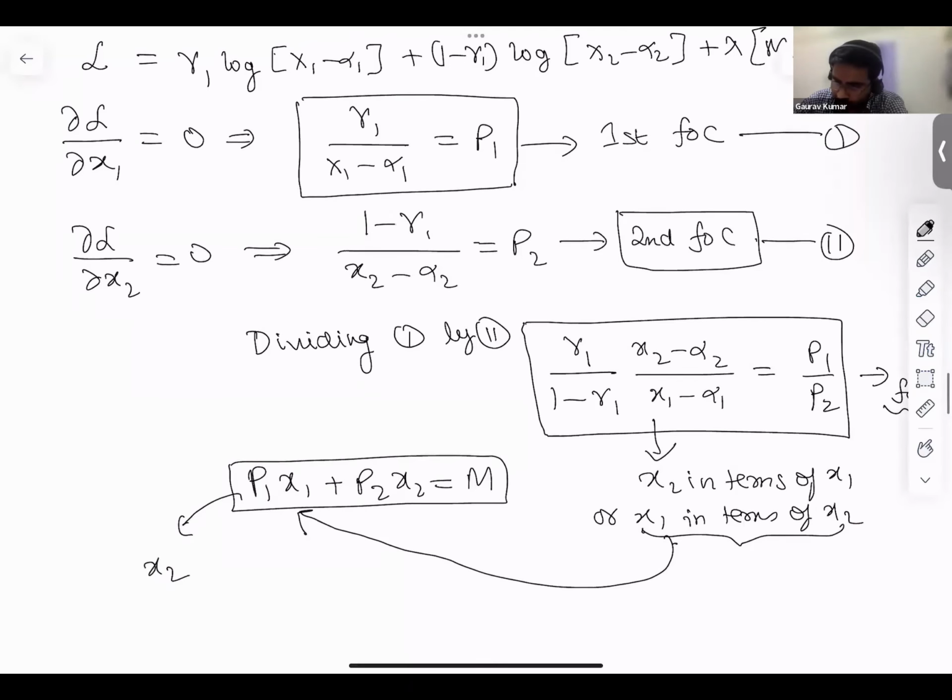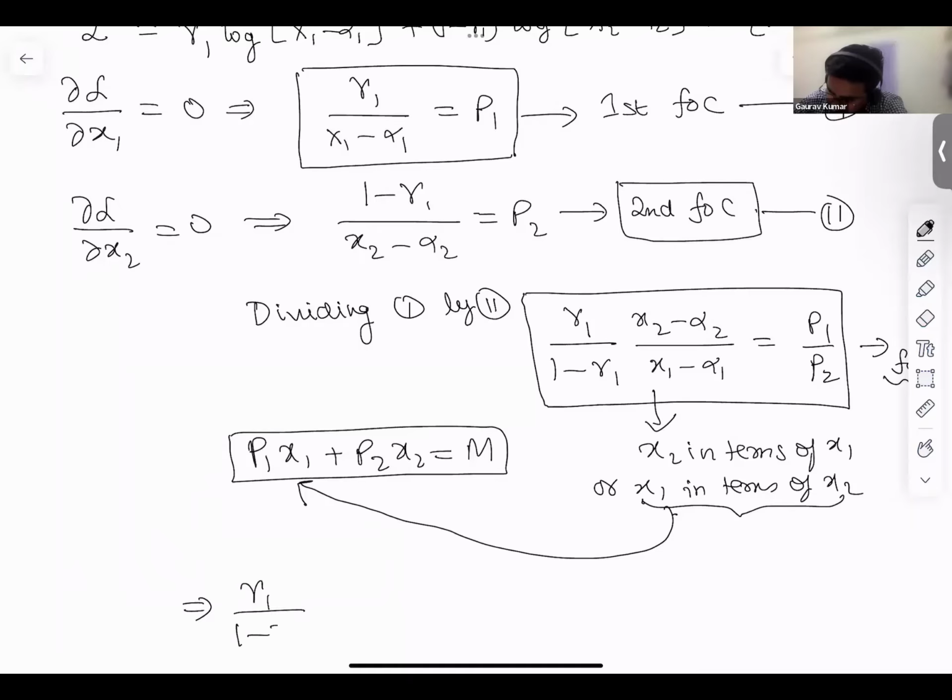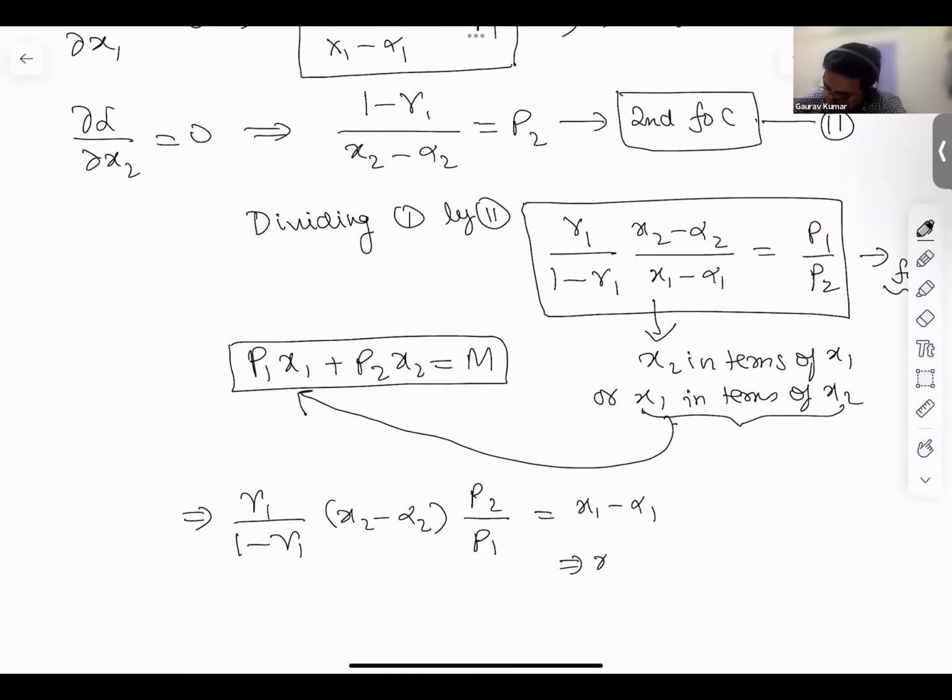So suppose I am writing x1 in the form of x2. Gamma 1 by 1 minus gamma 1, x2 minus alpha 2, into p2 by p1 is equal to x1 minus alpha 1. So what I get is x1 is equal to alpha 1 plus gamma 1 by 1 minus gamma 1, p2 by p1, x2 minus alpha 2.